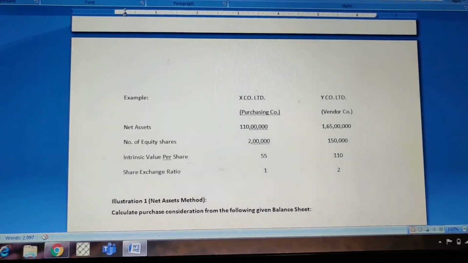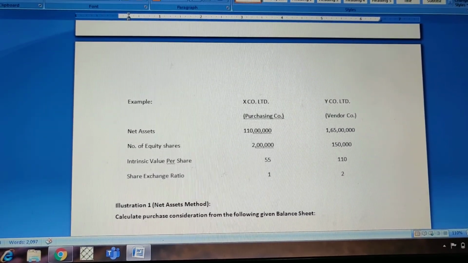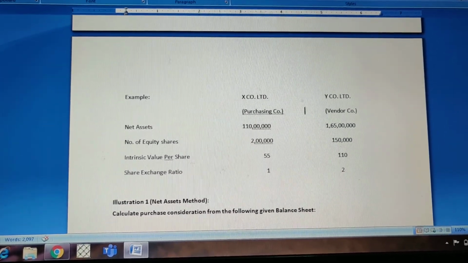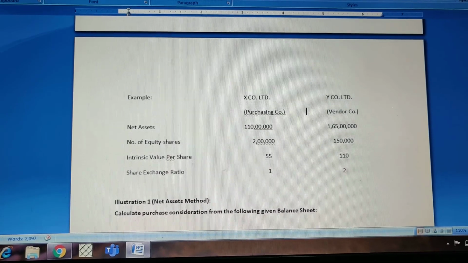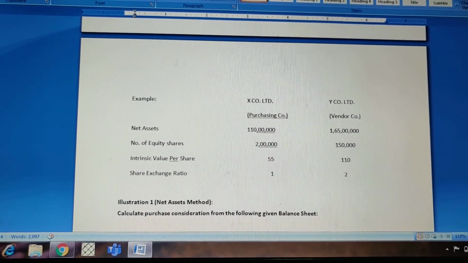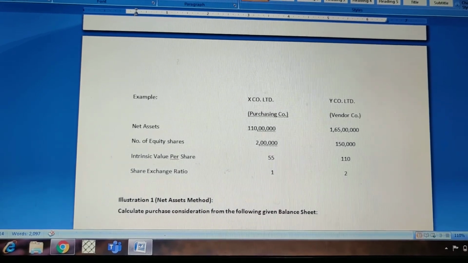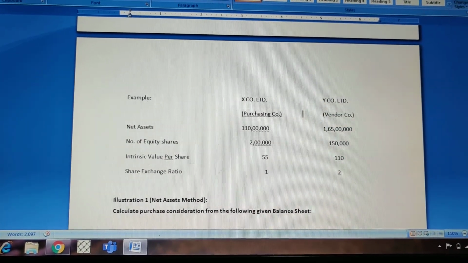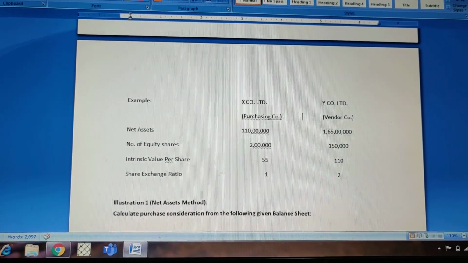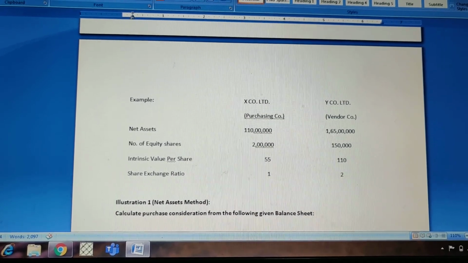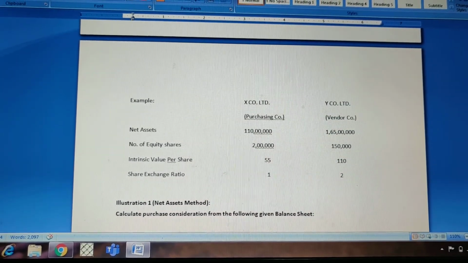Like if I have 55 rupees and you have 110 rupees, how many times do you have the money than I have? Clear? So Y company has 110 rupees, suppose, and X company has 55 rupees. How many times does Y company have the money value of X Limited?